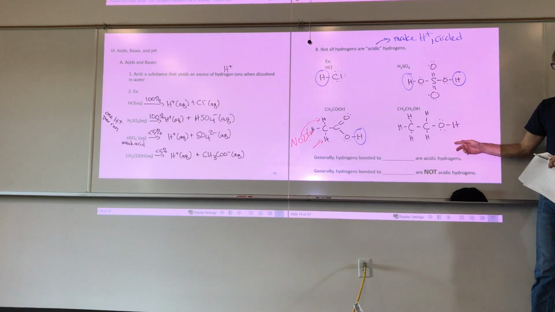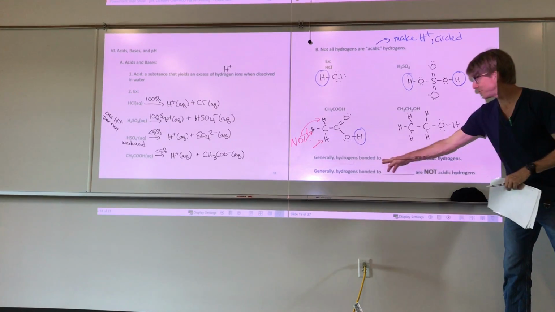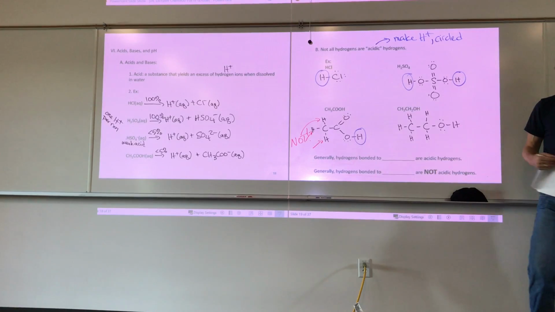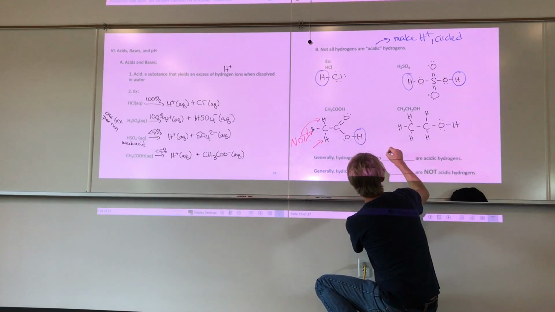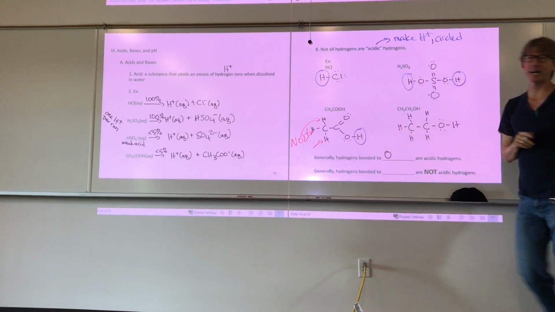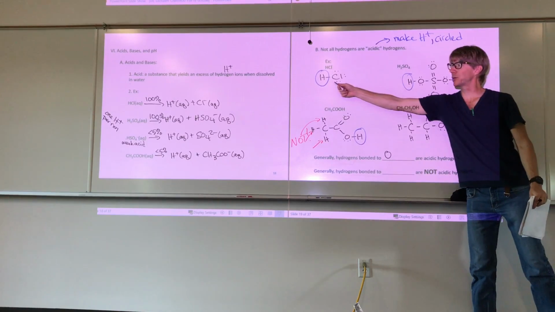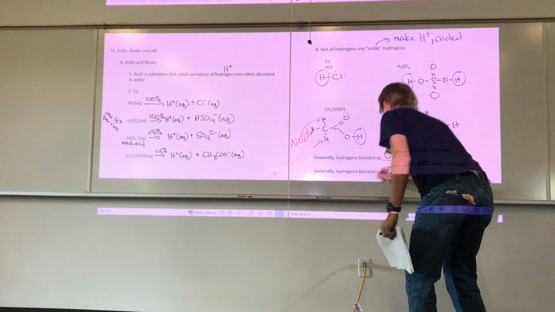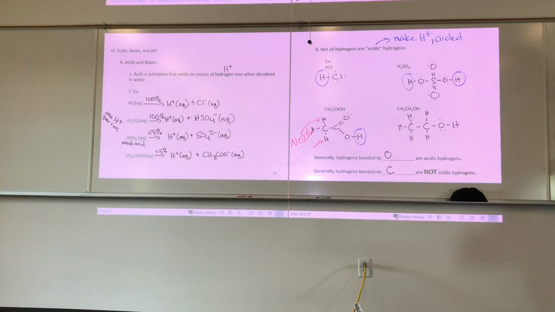It's just generally true. All right, so now fill in the blanks. Generally, hydrogens bonded to O are acidic hydrogens. Although there are other ones too. Generally, hydrogens bonded to C are not acidic. That's the conclusion I want you to draw. I can give you more examples if you'd like. I know I haven't told the full story, but hopefully this is an introduction to that story.